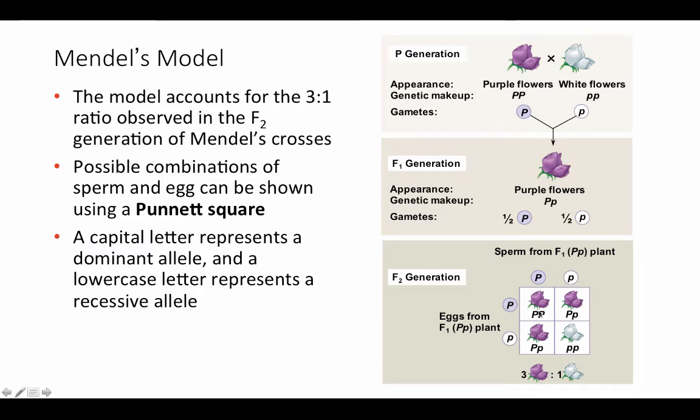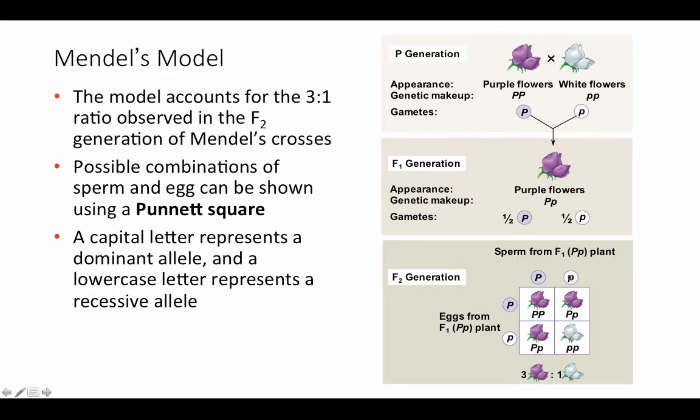For each of these cells in the Punnett square, we're just going to look at what the paternal and the maternal contribution was. So in this square, it's big P, big P. This one got a little p from the father, big P from the mother, so it's big P, little p. This one got a big P from the father and a little p from the mother. So again, it's going to be big P, little p.